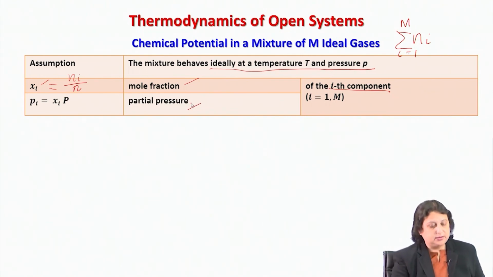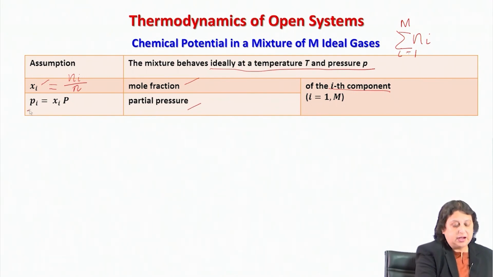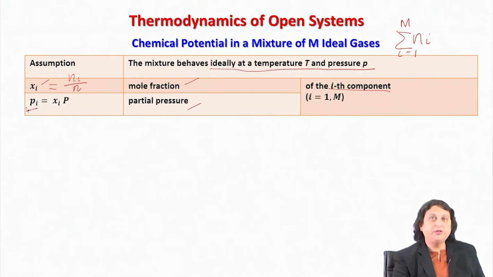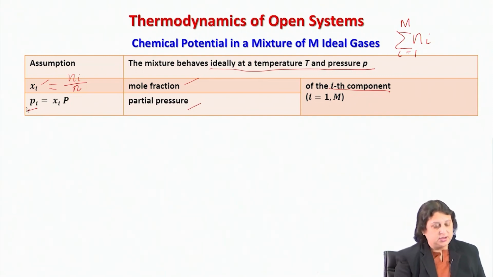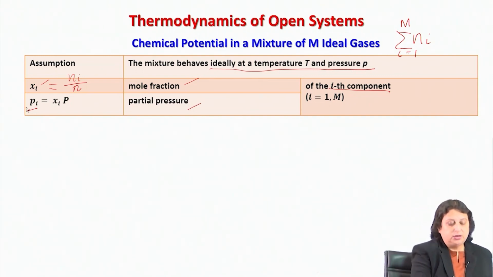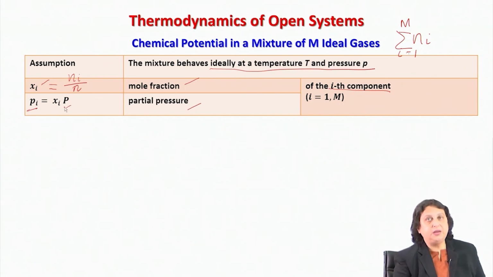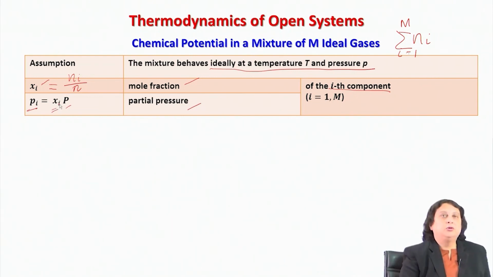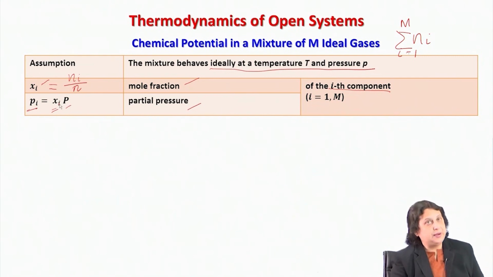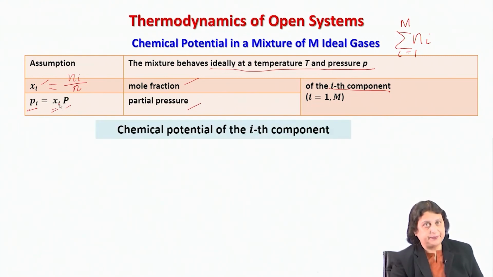Here, by Dalton's law, the partial pressure Pi corresponding to the ith component of this ideal gas mixture is proportional to the total pressure P at which the mixture has been maintained, and the other quantity that appears in this equation is the mole fraction xi.